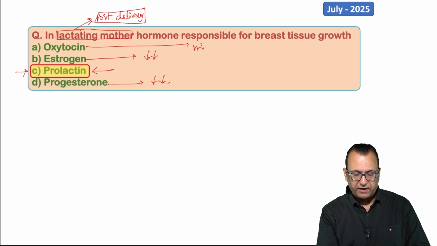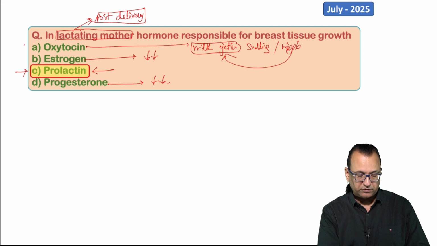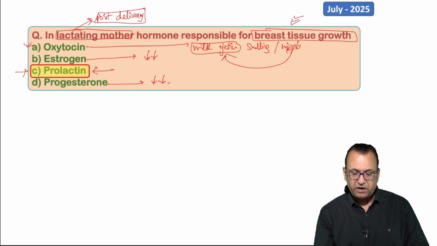Oxytocin is for the milk ejection reflex. The baby is suckling on the nipple. As the baby is suckling on the nipple, then milk will come, that is milk ejection. That is the oxytocin. But here, lactating mother, hormone responsible for breast tissue growth, maybe alveoli or ducts, your answer should be prolactin.